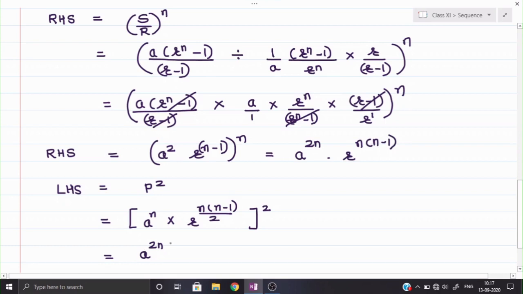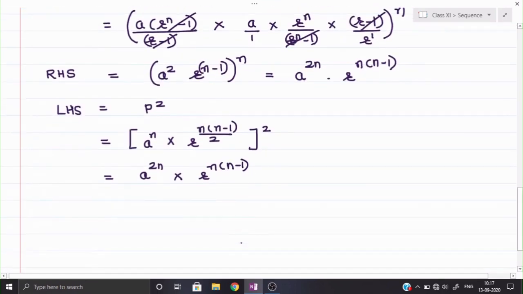Now continue here, so it will be into r to the power, see, 2 and 2 will be cancelled here, remaining is n into n minus 1. So observe, now LHS and RHS are the same. So at last we can write down, since LHS is equal to RHS, hence verified.